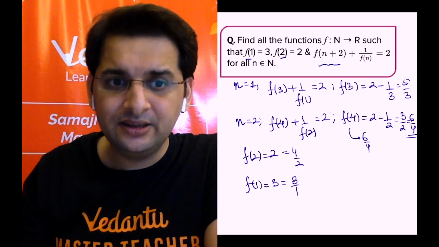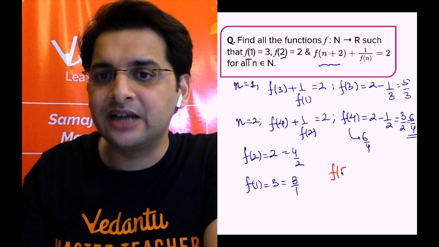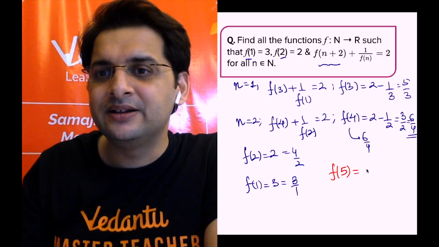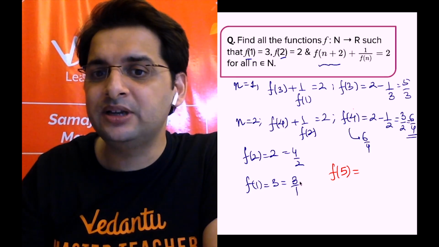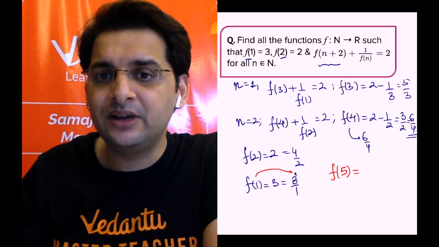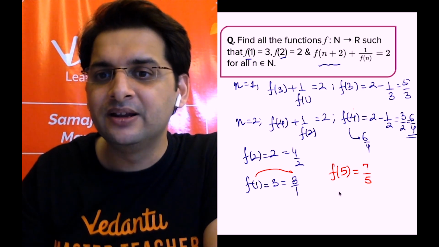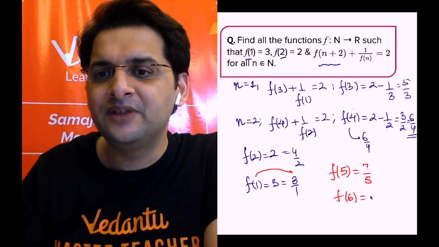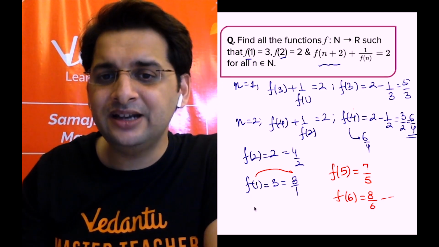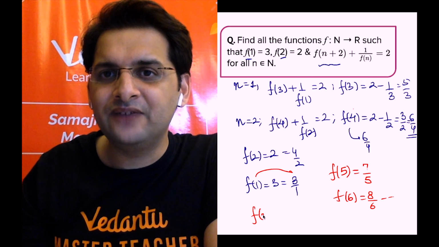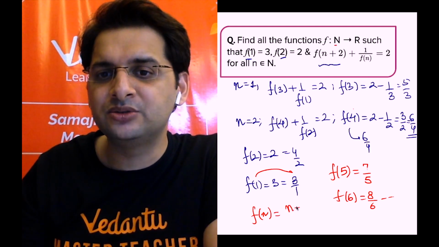From this pattern, can I actually find the value of f(5) without calculating it? f(5) will be 7/5, f(6) will be 8/6, and so on. So the function is f(n), because the domain is natural numbers, equal to (n+2)/n.